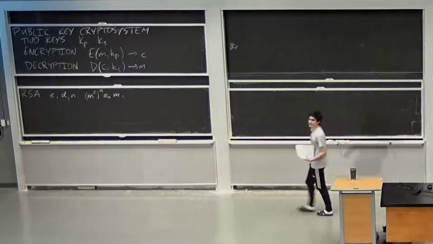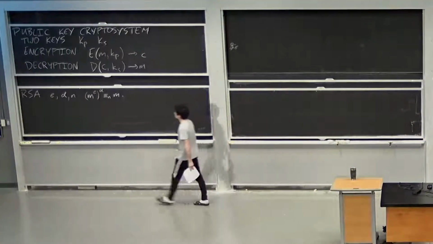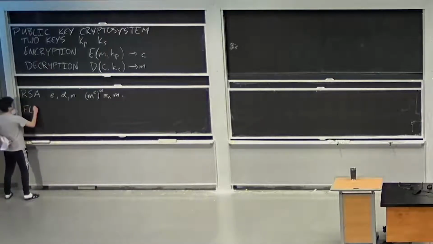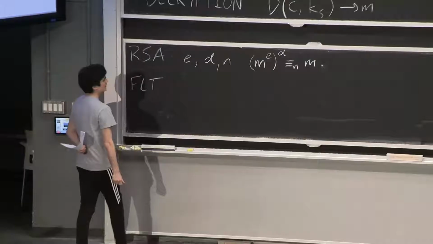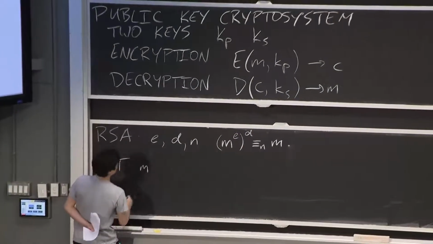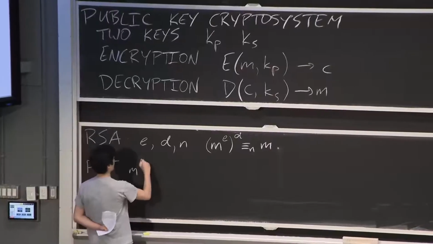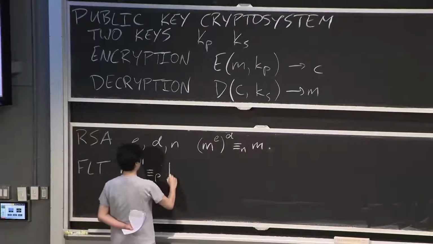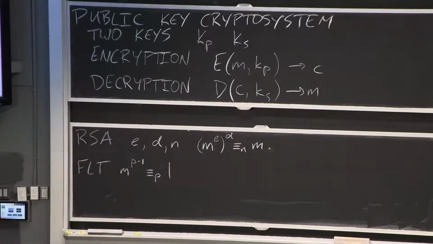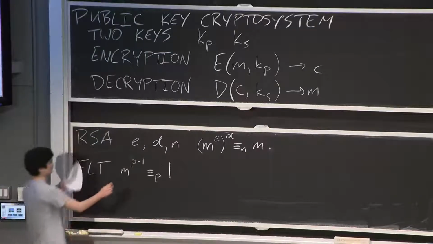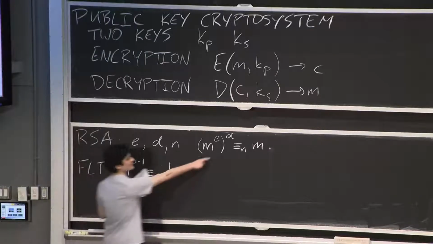So what did Fermat tell us? Fermat tells us that m to the p minus 1 is congruent mod p to 1. So how can we massage this into what we want?